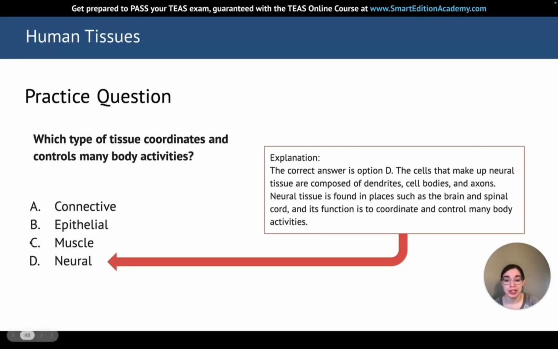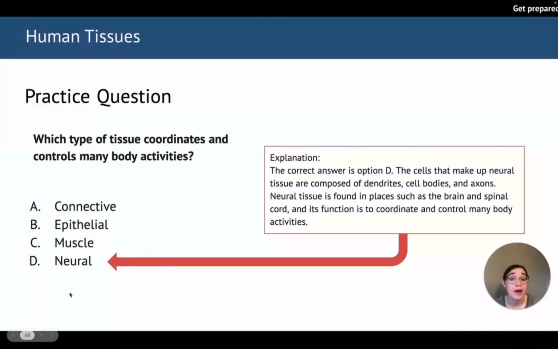So like muscle tissue, not the correct answer here. And then finally, connective tissue is that tissue that has such a diverse array of functions, but none of them include the coordination and control of body activities. So A, B, and C are incorrect because these types of tissues have different functions, and the correct answer is neural tissue, as we have seen.